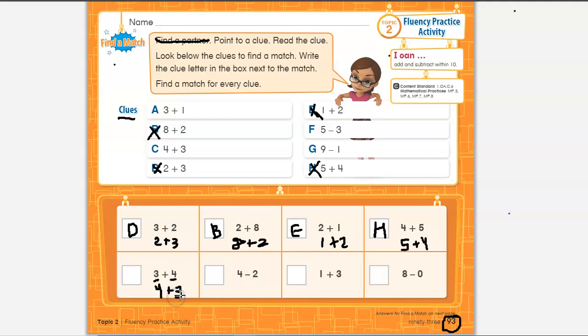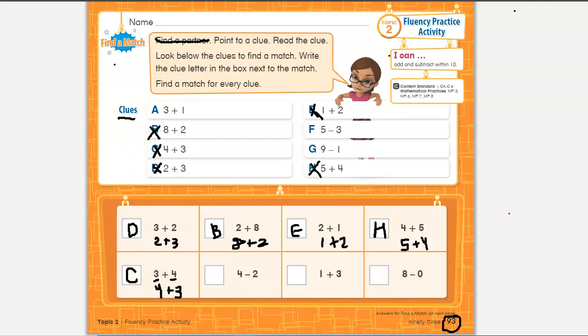So let's look at our clues. Let's see if we see 4 plus 3. Choice C says 4 plus 3. So we're going to write the letter C in the blank.